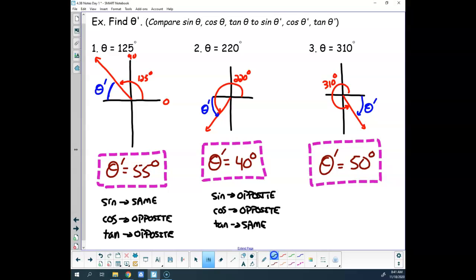I got 50. 0.766044443. Opposites. Cosine. 0.64278761. Same. Tangent.